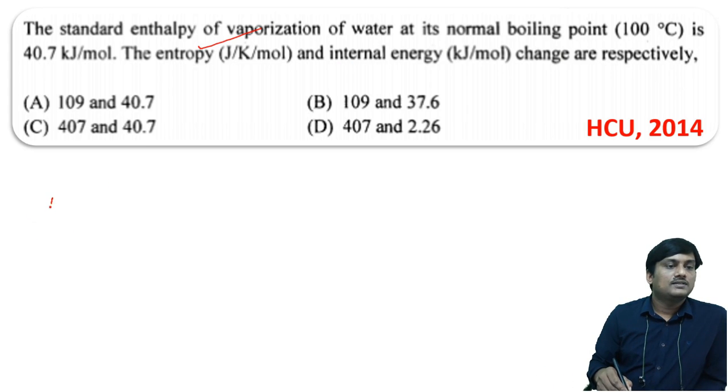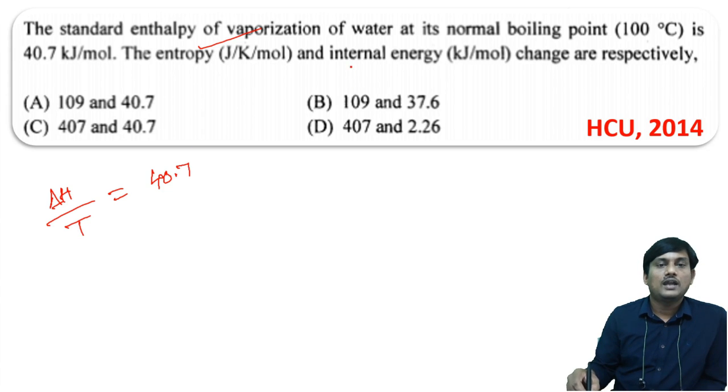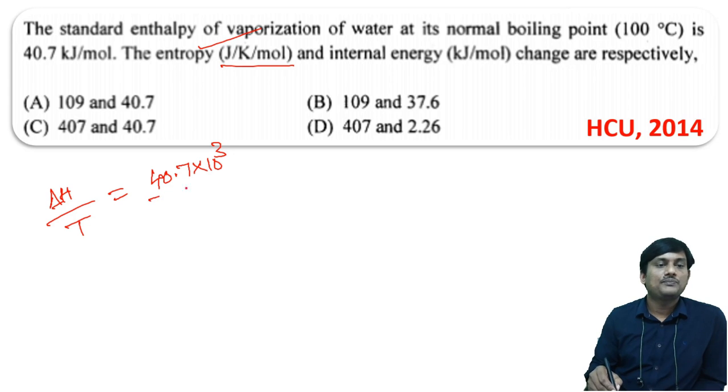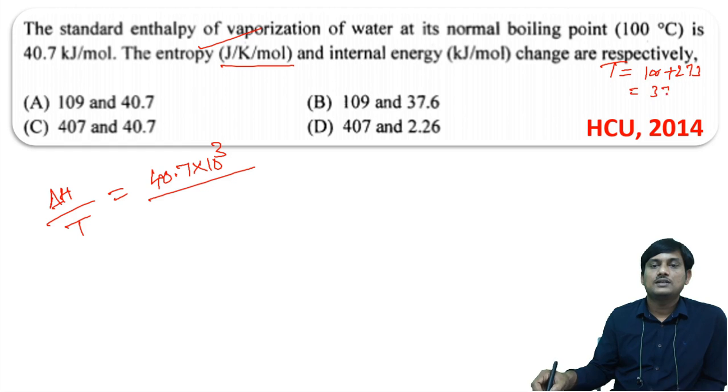Entropy is simply delta H by T. 40.7 kilojoules; entropy is given in joules, so you have to convert kilojoules into joules by multiplying with 10 cube, divided by the temperature, 100 degrees centigrade. So you have to take it in Kelvin, 100 plus 273, it's 373 Kelvin.